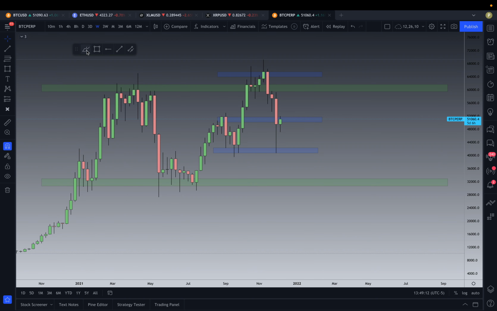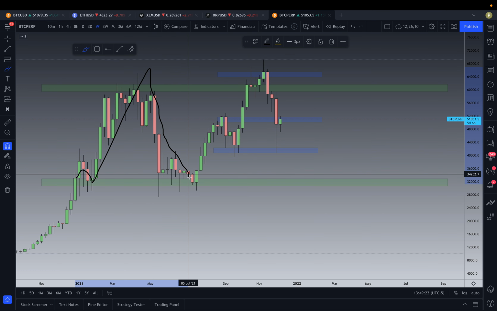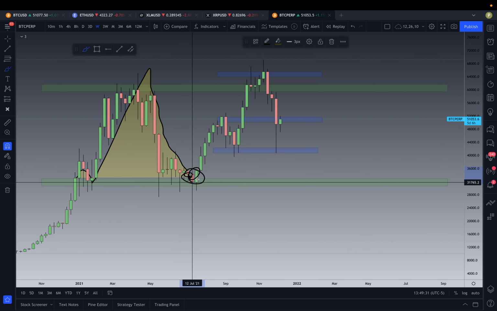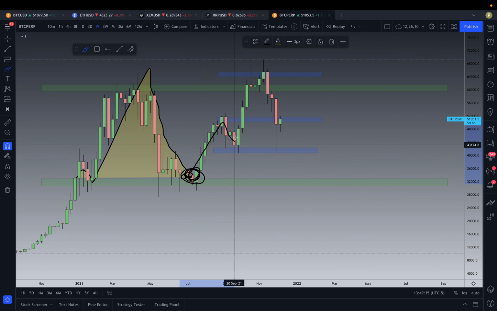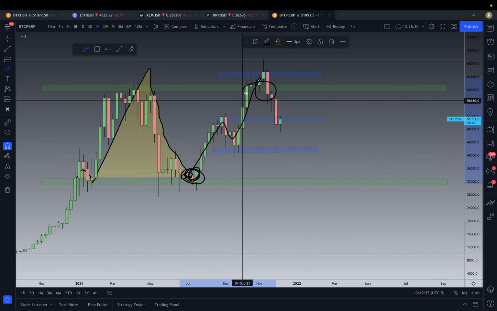Just like on a lower time frame, we have the bounce here. That's the low, that's the support. Up, and then straight down. Then the market paid attention to this level. It's going up, and then we tried breaking it again, and we failed.